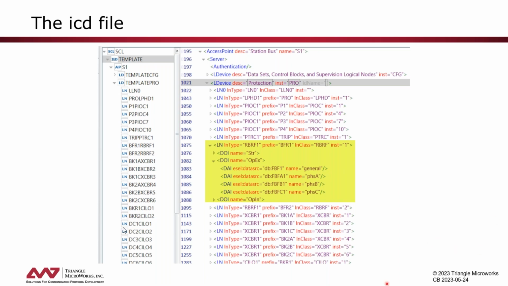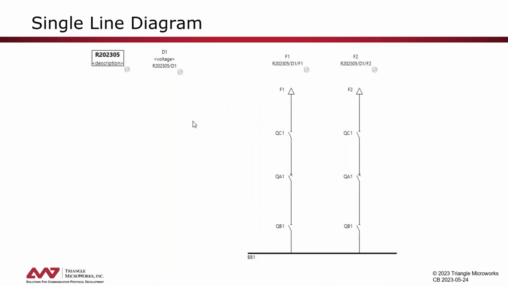So how do we do now the engineering of that? Using the engineering process, as we discussed last time, we would start with a single line diagram. The example that I show here is the Helix STS system engineering tool that we have also shown in the last webinar. So we start with the single line diagram, and in this case I have two feeders.